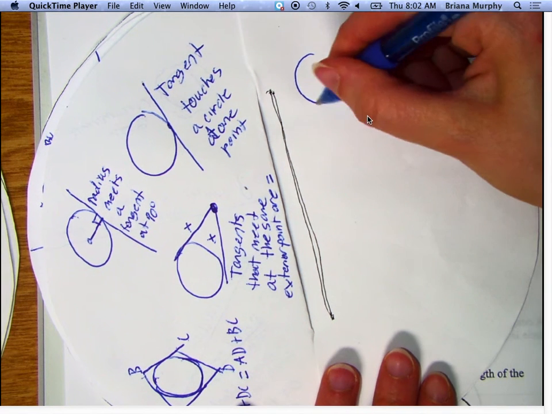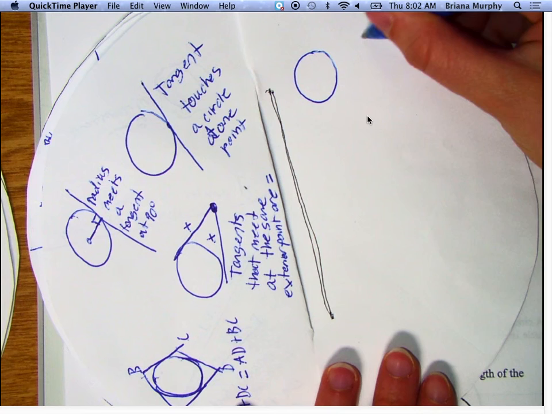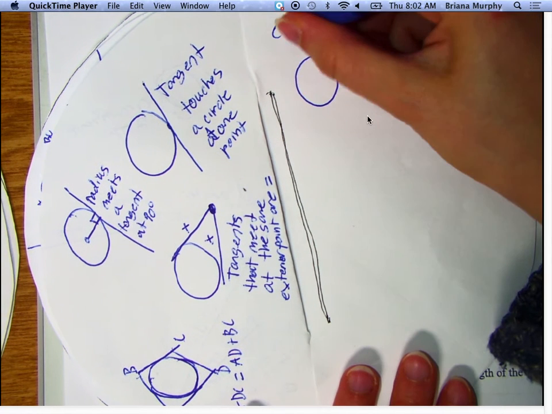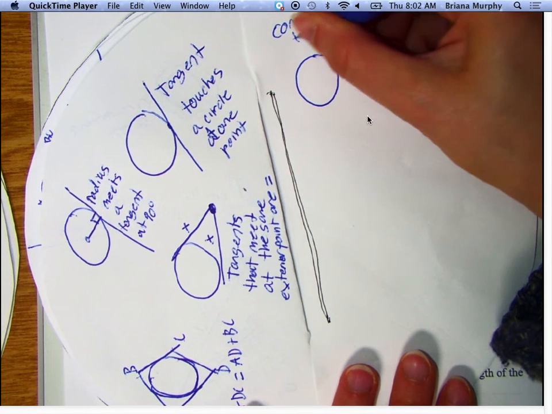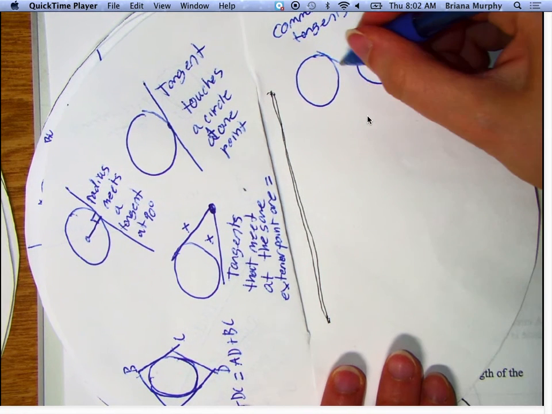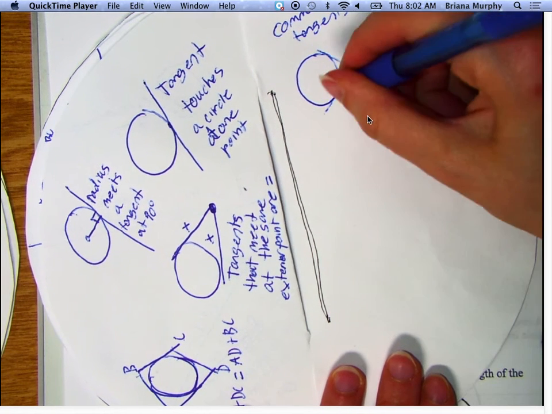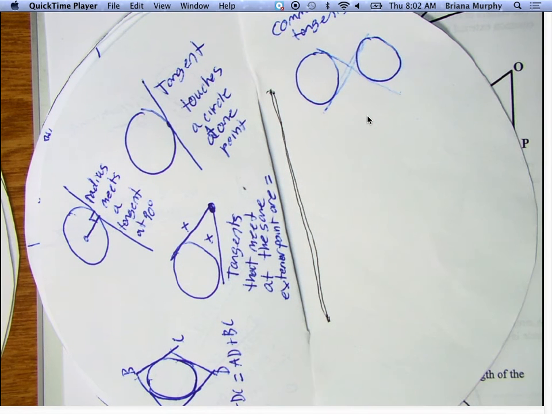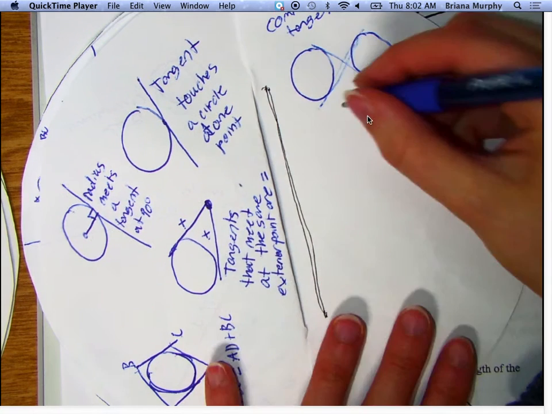If I drew two circles, this is all about common tangents. And I'm going to draw two lines. Do we think those are internal or external? External. I don't know. Internal, they're in between. This is an internal tangent.